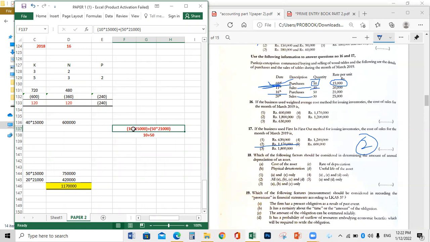Clear? So you have only 10 units from the 3rd March purchase. So 10 into 15,000, and the balance purchase is 50 into 21,000. You have to divide it by the quantity. 10 units plus 50 units give you 60 units. What is the weighted average price?